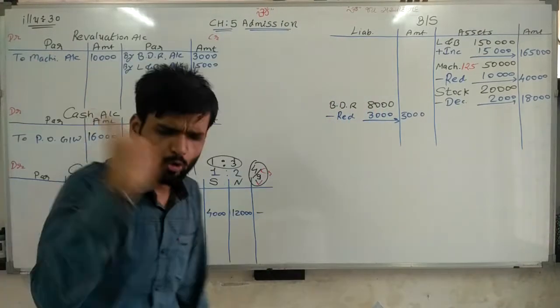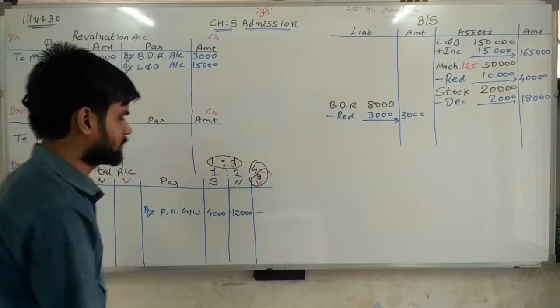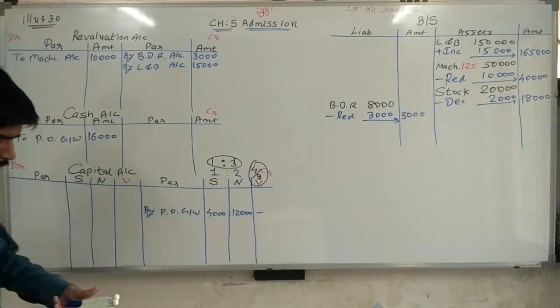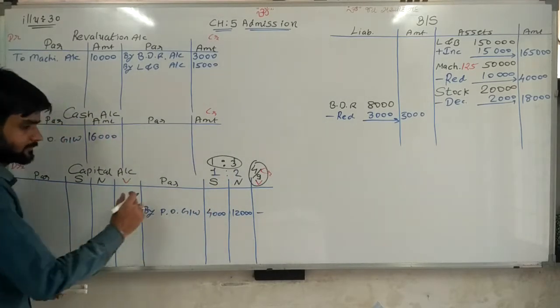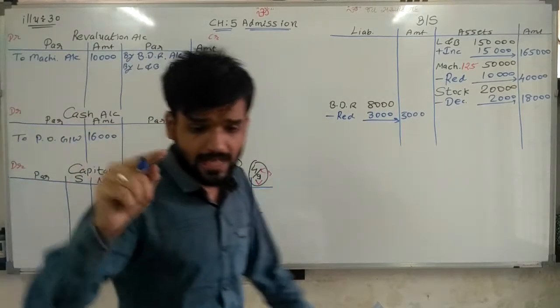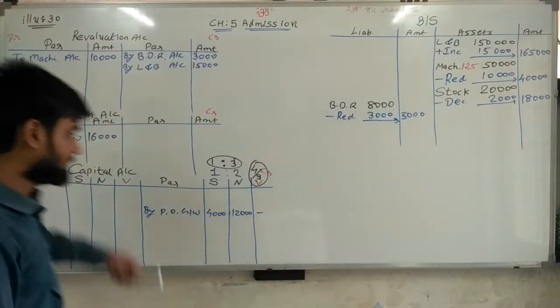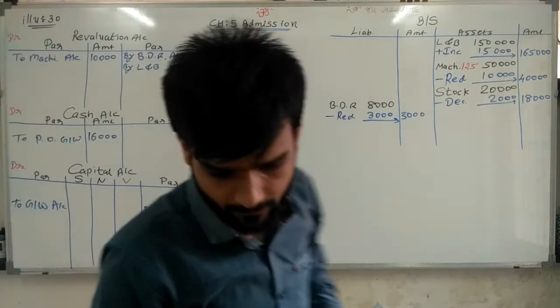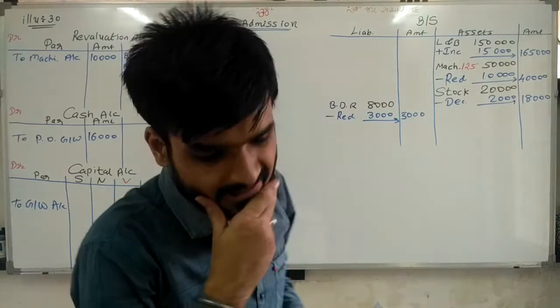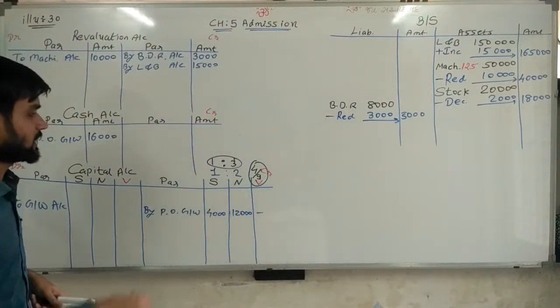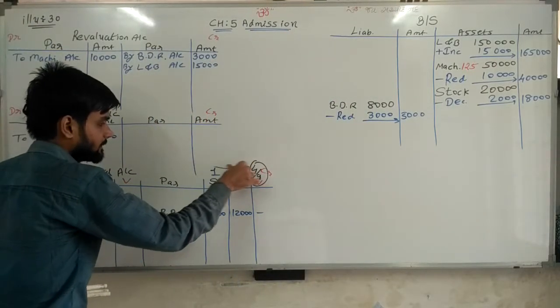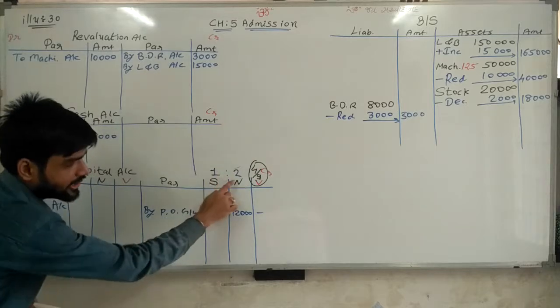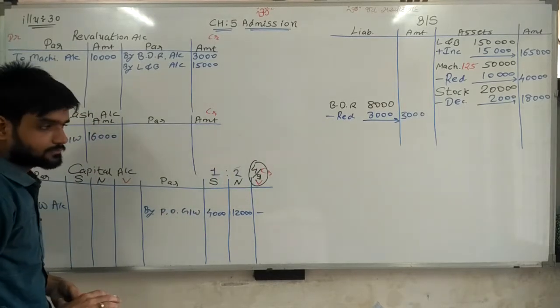Don't worry. Old balance sheet, old ratio distributed. Simple. Goodwill is given on the asset side. Asset means debit balance, so debit side: To goodwill account, amount given 27,000 rupees. Now this 27,000 we are distributing in old ratio 1:2.